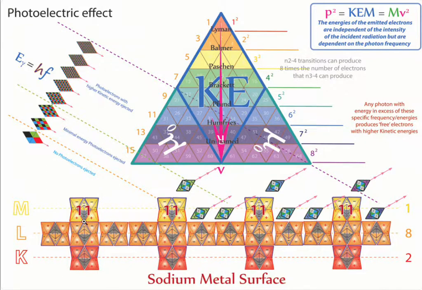So obviously, even though it requires more energy, we would liberate far more ionized electrons by calculating for an N2 to N4 plus transition than we would for an N3 to an N4 plus transition. In fact, we would release 8 times more electrons.